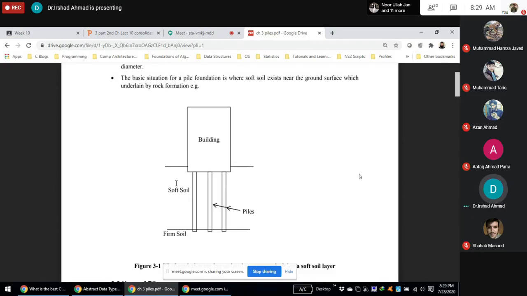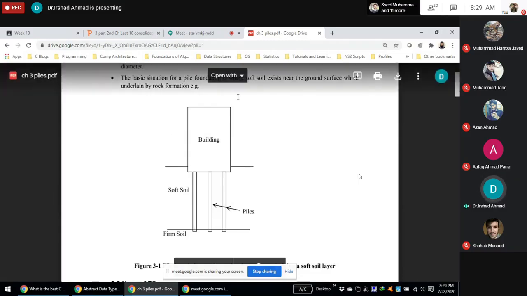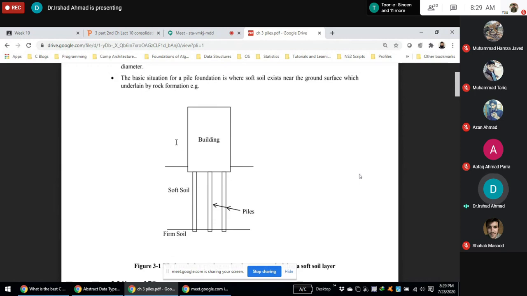But luckily, not very far from the surface, you have a firm soil. So why not build piles and rest them on the firm soil, right? And derive maximum resistance from the firm soil to resist the building. So this is one of the favorable situations where piles are used.